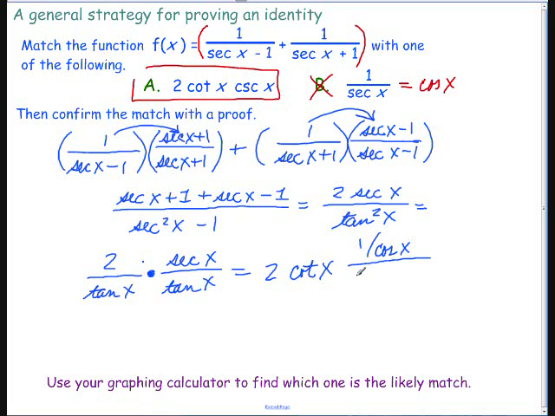I hope so. And then these will cancel out, and I'll have 1 over sine x, which is the same as cosecant x. I think I've got it.